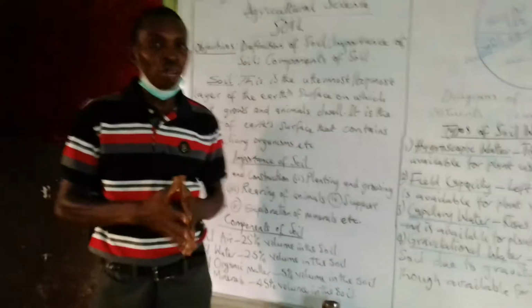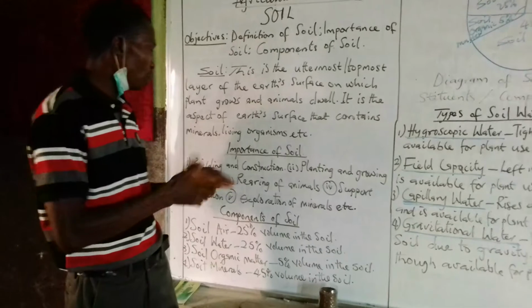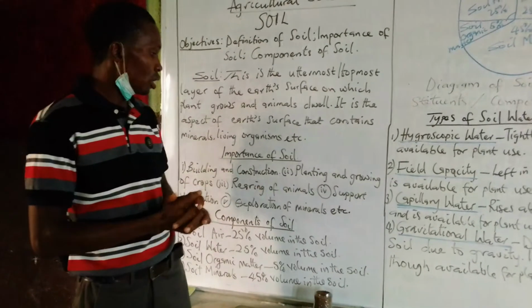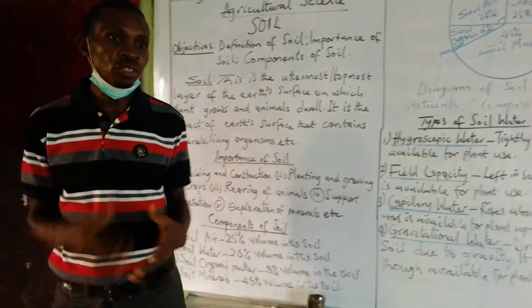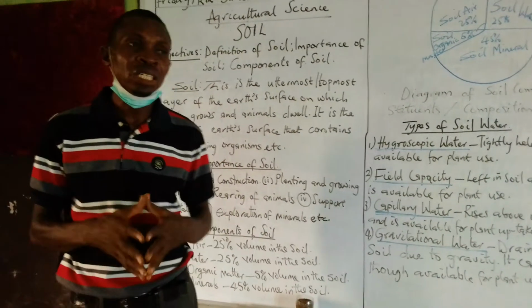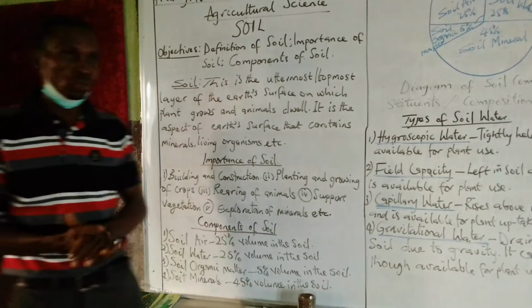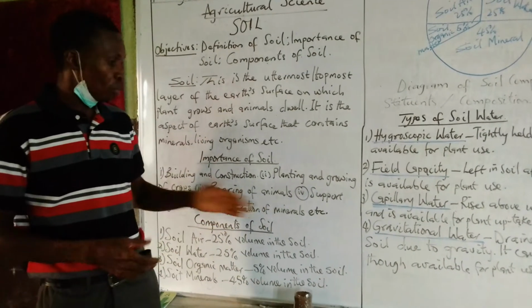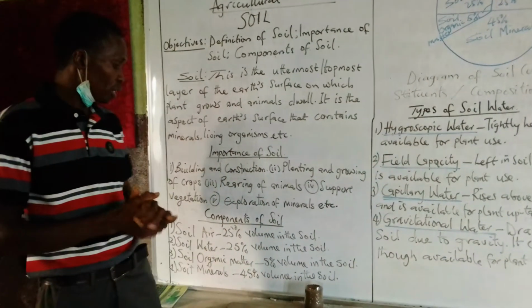On soil, you plant your crops and also grow your crops. Another importance of soil has to do with the growing of animals, because right on the soil, you build your structures to put your animals that you want to rear. Soil supports vegetation and as well exploration of what? Minerals.